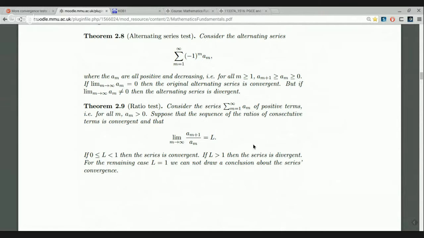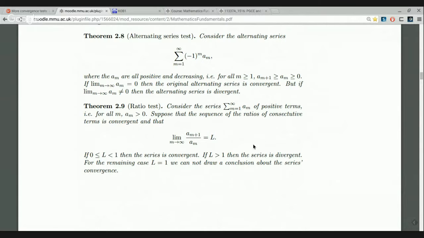Okay, so let's look at the next one, theorem 2.8, which is the alternating series test. As its name suggests, this applies to so-called alternating series. An alternating series is one whose terms are alternately positive and negative.